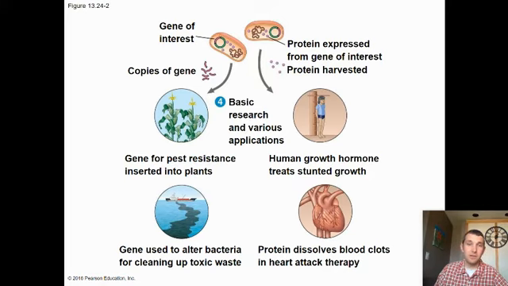Your cotton that's grown in the U.S., 80% of it has been enhanced with these genes to prevent them from getting eaten alive by insects.